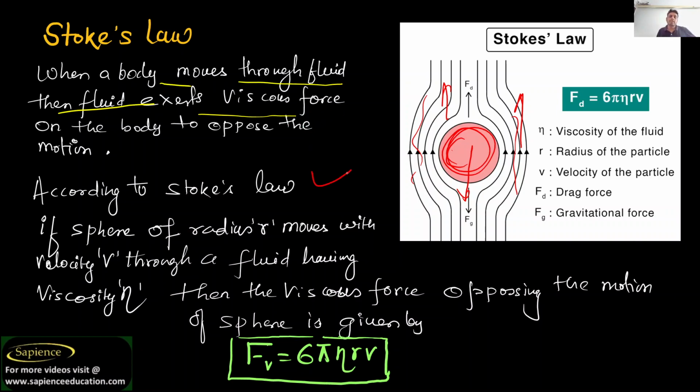According to Stokes law, if a sphere of radius r moves with velocity v through a fluid having viscosity n, then the viscous force opposing the motion of the sphere is given by 6 pi n r v.